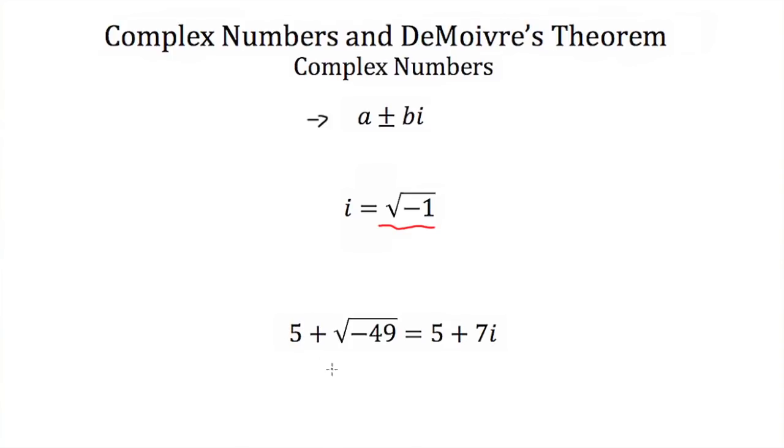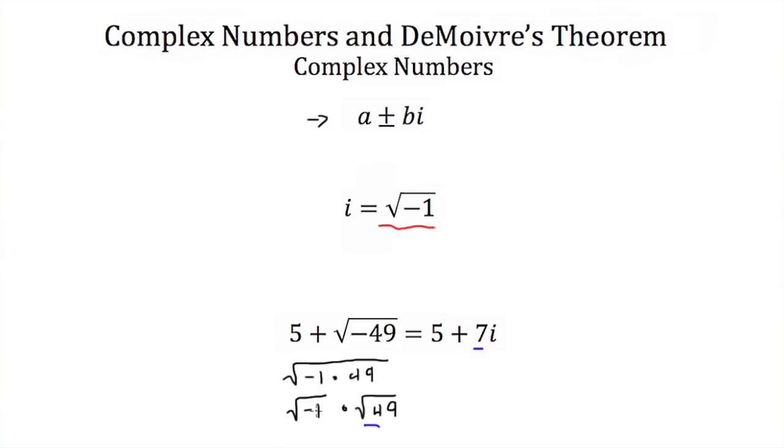So if I had 5 plus the square root of -49, I would have to use my properties of powers to split this up into the square root of -1 times 49. And then I would split it up into the square root of -1 times the square root of 49. Now the square root of 49, that's 7.